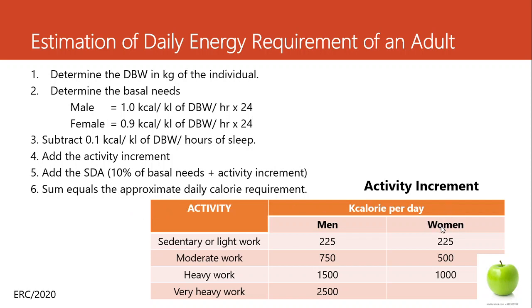So 120 plus 750, we have 970. So the sum earlier, 1,910, add the 970. So the daily energy requirement of an adult with desired body weight of 50 kilograms is 2,880 calories.